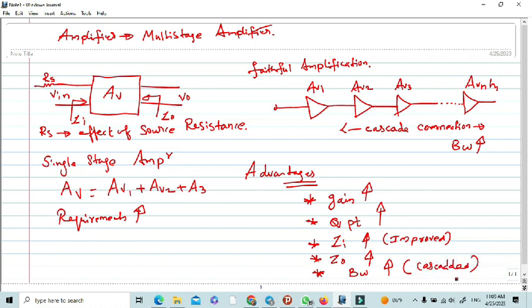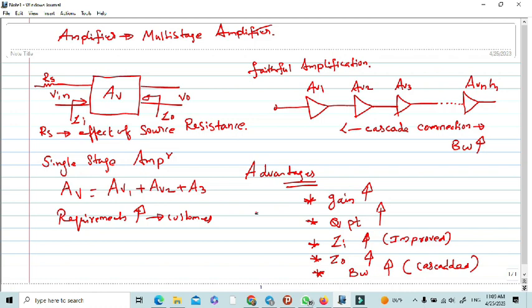So what about the remaining? In the remaining different types of multi-stage amplifier, bandwidth is less. Already I told you about the customer requirement. Based on the customer requirement, if a low bandwidth is needed for some application, they will go for another type of amplifier.